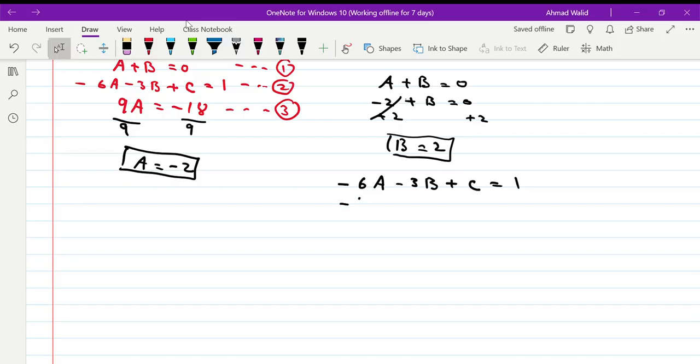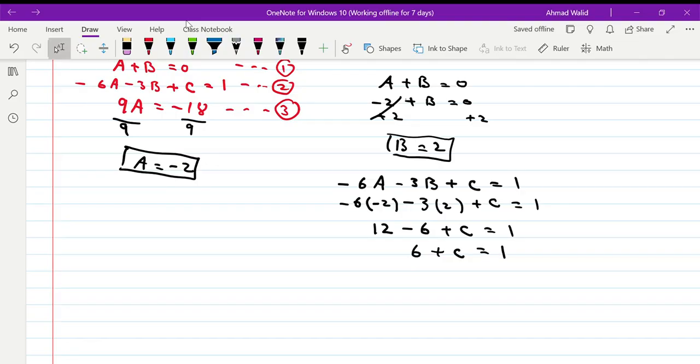Then negative 6 times negative 2 minus 3 times 2 plus c equals 1. Negative 6 times negative 2 gives you 12. Negative 3 times 2 gives you negative 6, plus c equals 1. 12 minus 6 gives you 6. 6 plus c equals 1. Subtract 6 from both sides, then c equals negative 5.